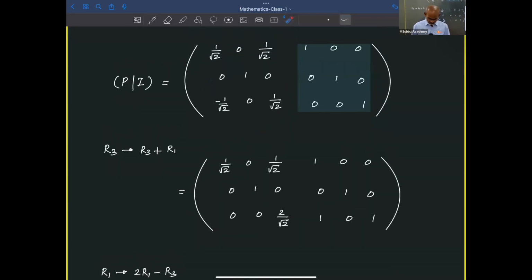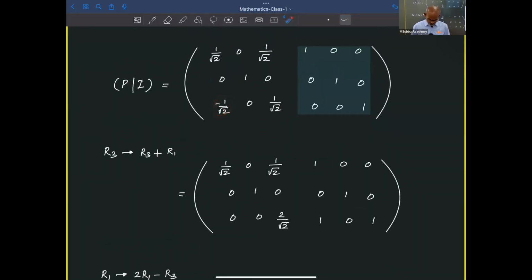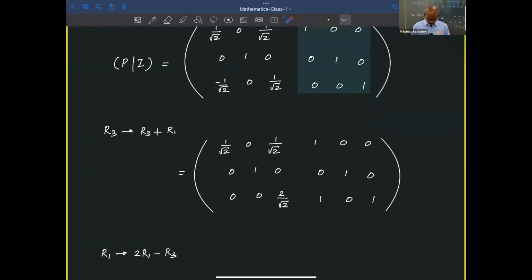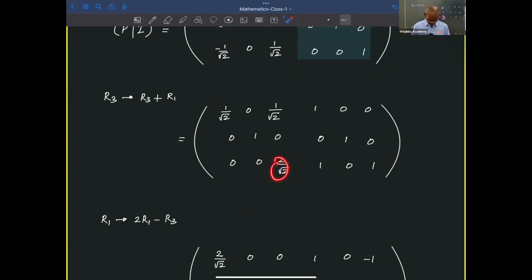So for that, this now should be made 0. Okay. So for row 3, this and this you can add and so make it 0. These are all easily coming, and this is done, and this again can be made 1 easily.